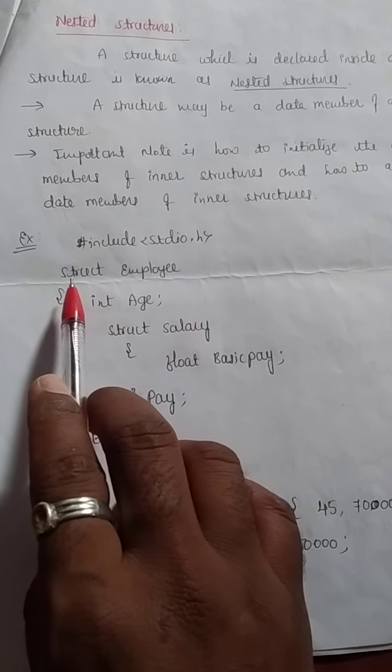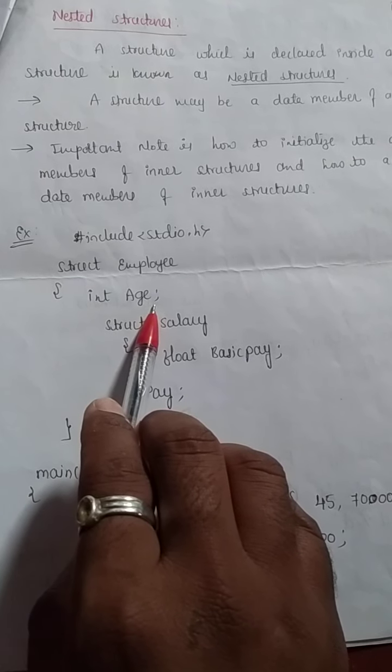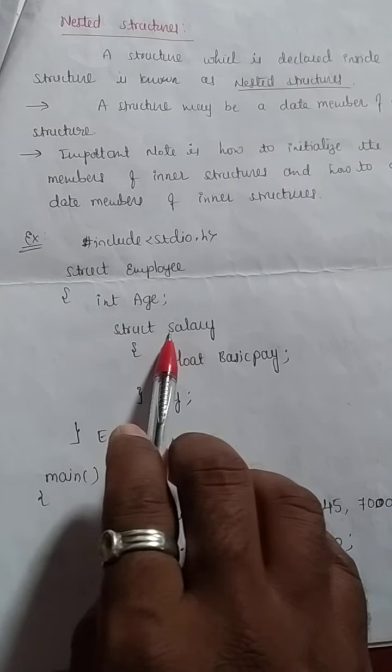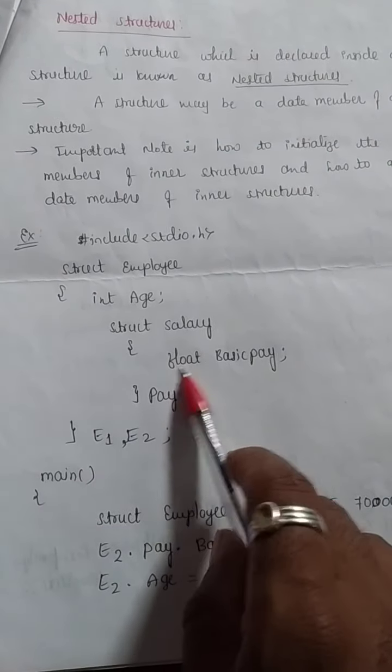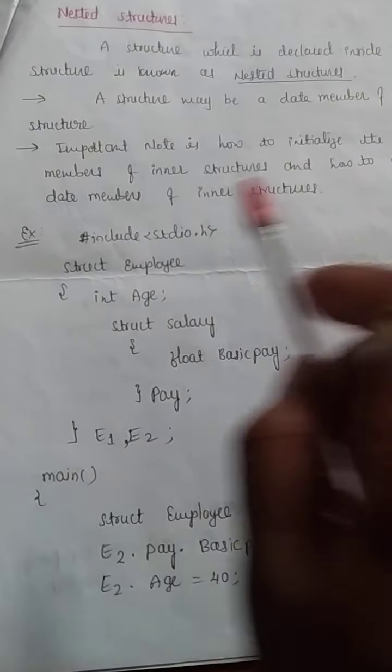Now the outer structure will have one data member, that is int age, and the inner structure salary has float basic pay. So this belongs to this one and this belongs to this one.